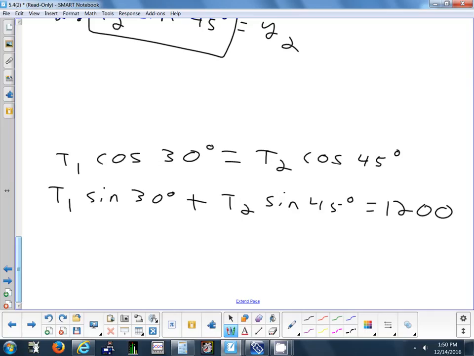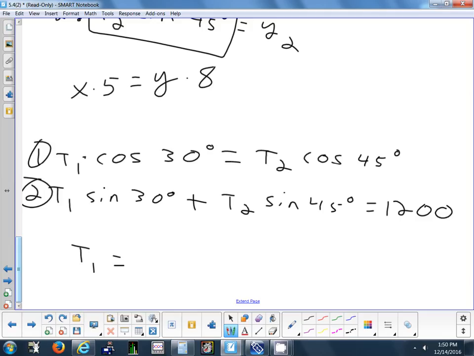All right, let's look at the top one, which I'm going to call equation 1. Pick a letter here that we want to get by itself, T1 or T2? T1. So, how would you move cosine 30 to the other side? Oh, inverse. Think of it just like this. A letter times a number equals a different letter times a different number.